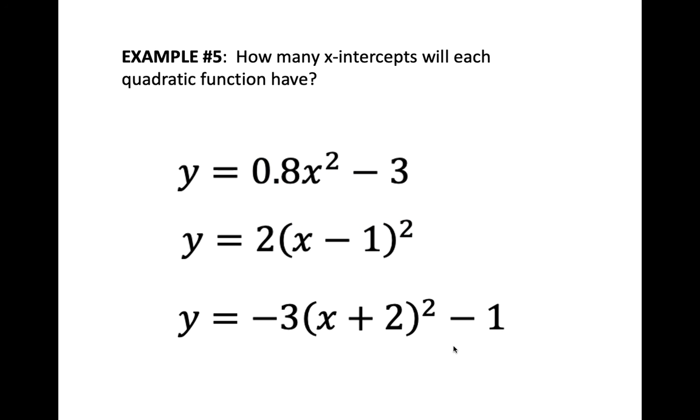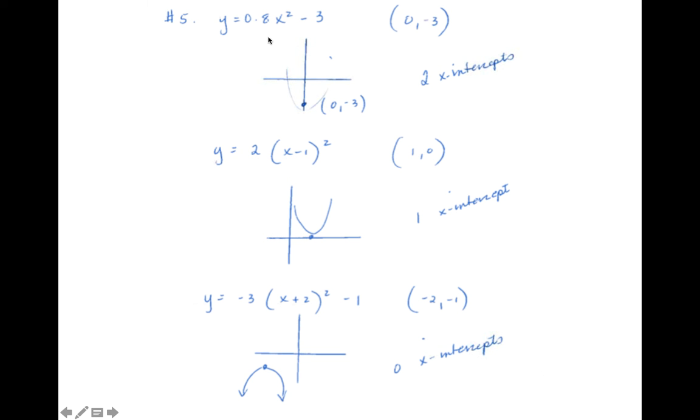Okay, how many x-intercepts will each quadratic function have? So we're going to go through these one by one. What I like to do is draw a diagram, actually. So I look at this one and realize, okay, my vertex is (0, -3). So it would be down here. Since it's positive, I'm opening up. Okay, I have 2 intercepts. The vertex here would be (1, 0).